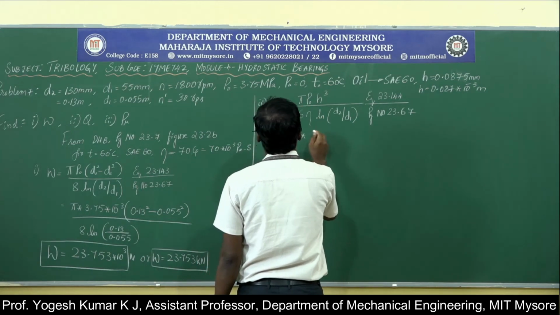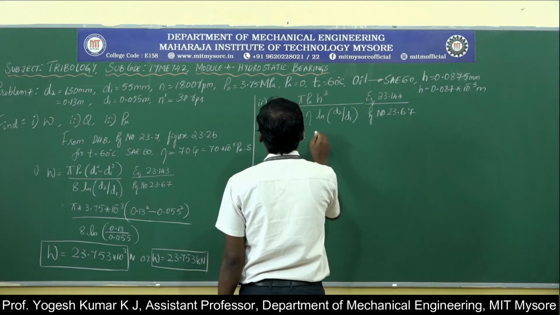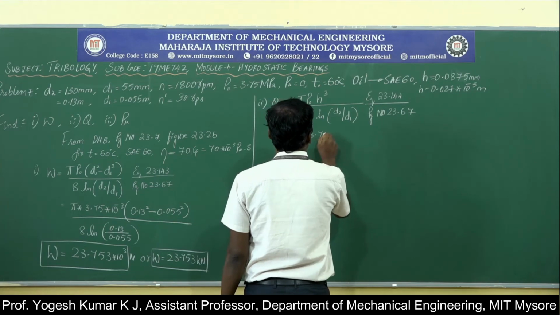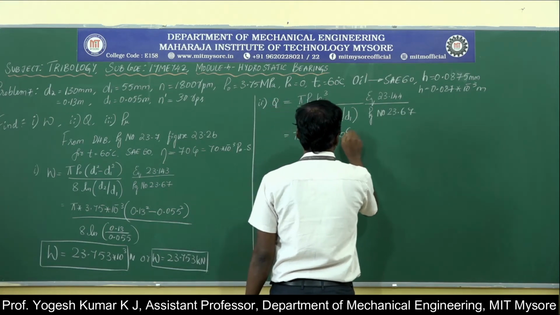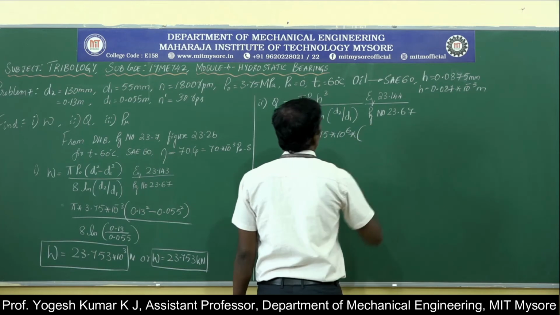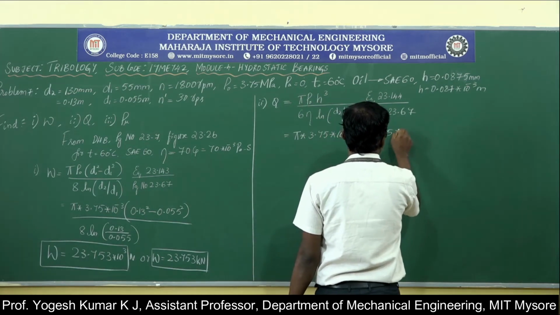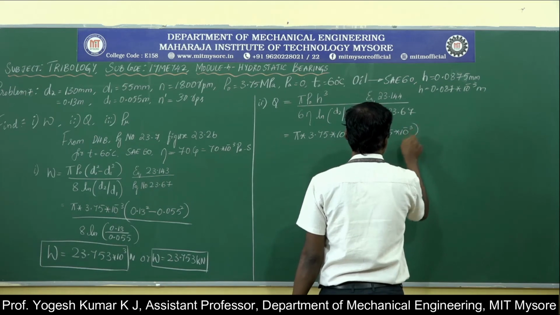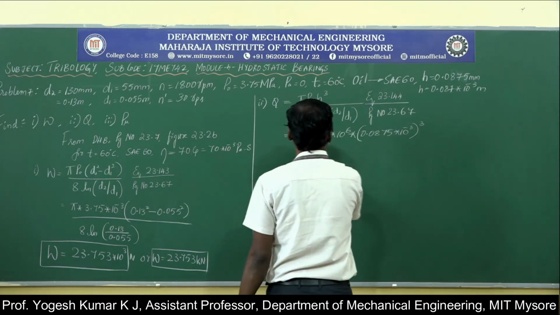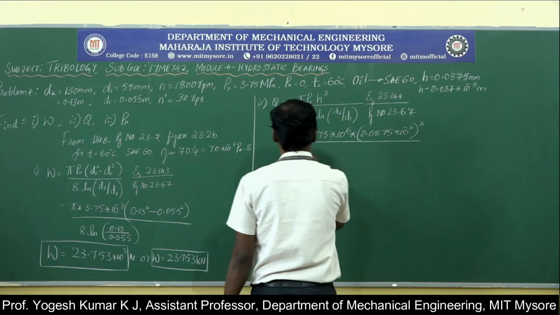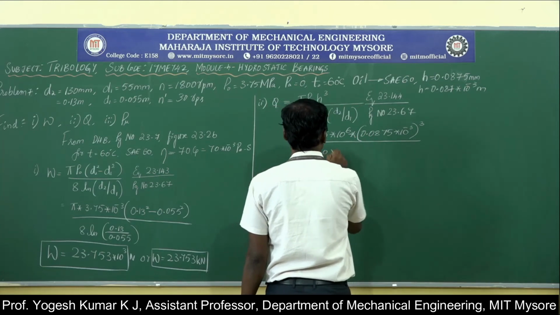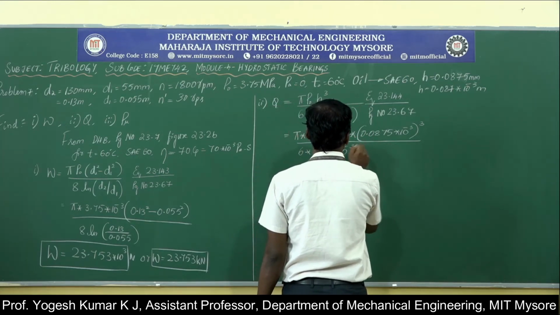P naught is the supply pressure, 3.75 into 10 power 6, H is the film thickness, and viscosity is 70 cP.